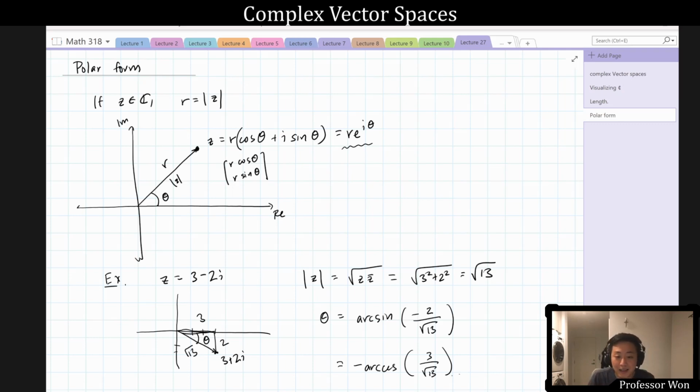3 minus 2i seems a lot nicer than root 13 e to the i theta, where theta is equal to arc sine of negative 2 over root 13. But, again, this form captures a different part of the geometry of this complex number.